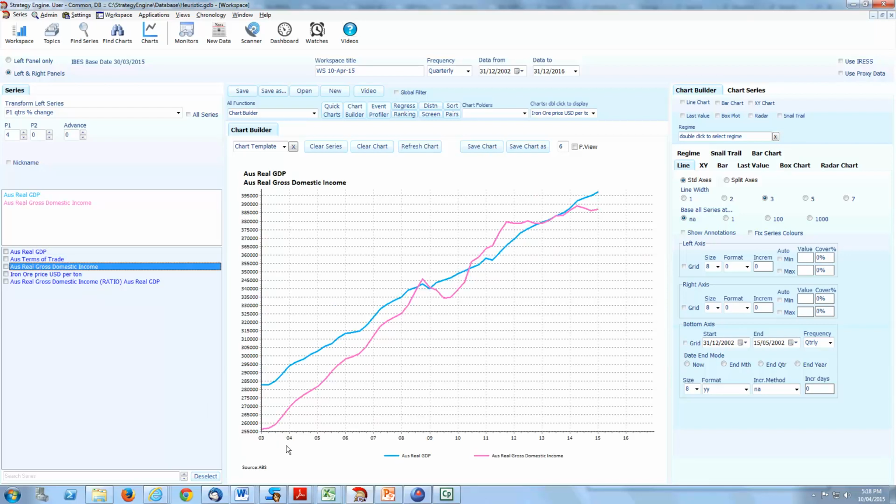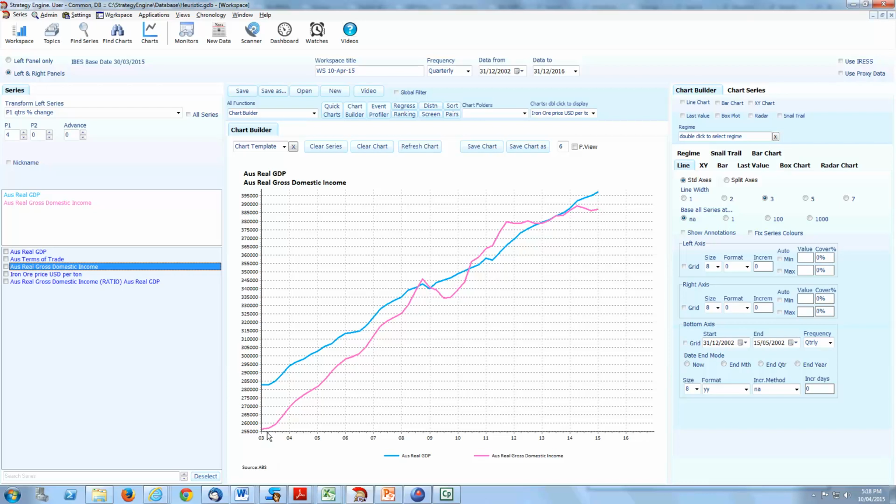Now, looking at those just in dollar terms, there are the two charts. Start with the blue line, which is real GDP in dollar terms. This is quarterly, so 285 billion, running at that rate back in 2003, growing to about 395 billion. So that's an increase of 110 billion, or 440 per annum.